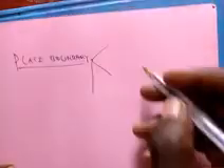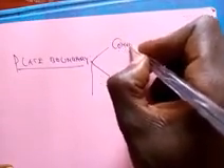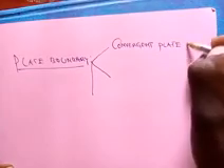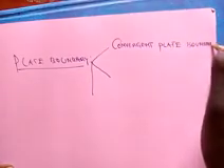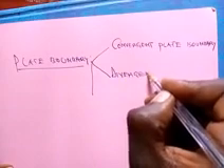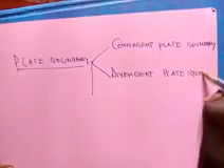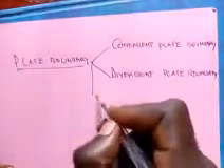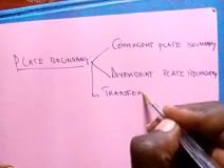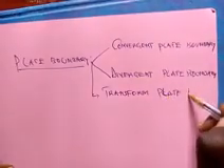Those types are: we have convergent plate boundary, we have divergent plate boundary, and the last one we have transform plate boundary.